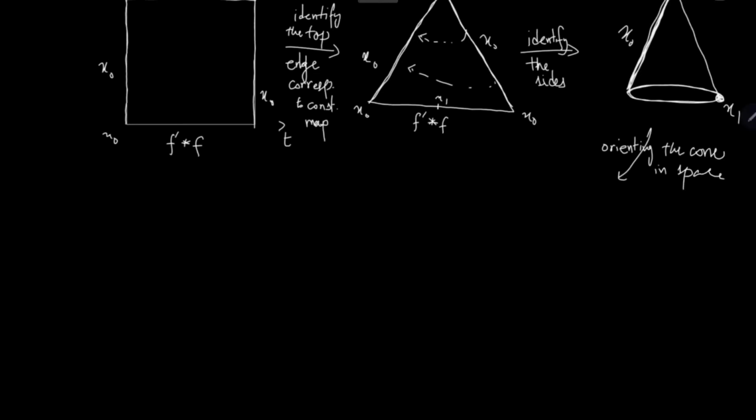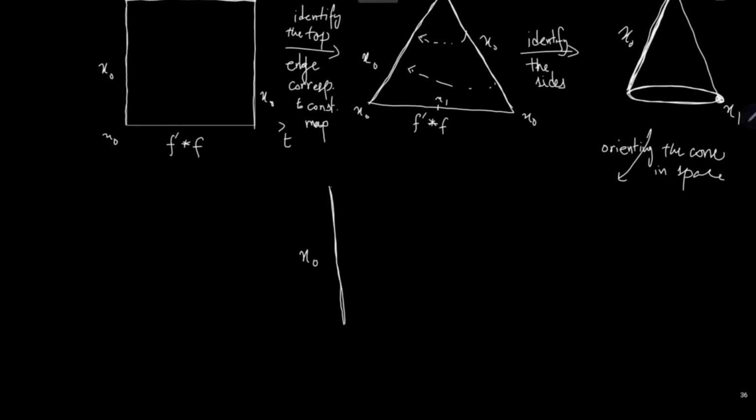Look, this is the axis of the point x naught. In the end we stay at this point as a constant map.